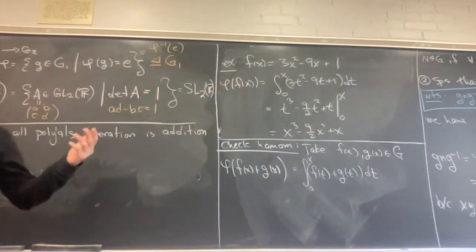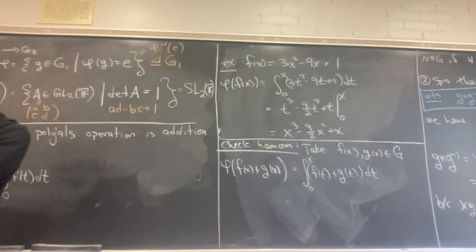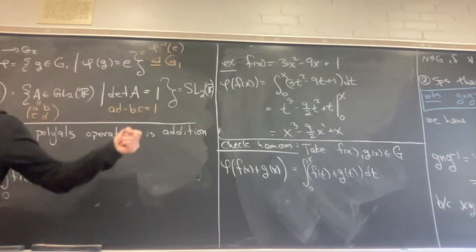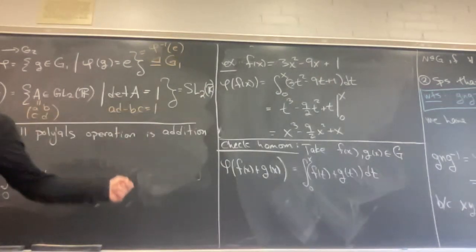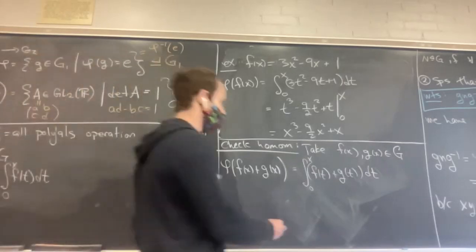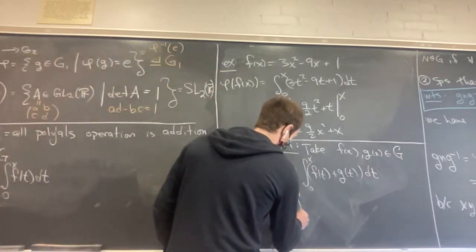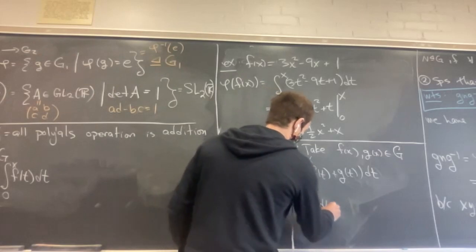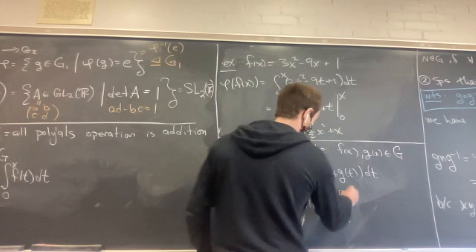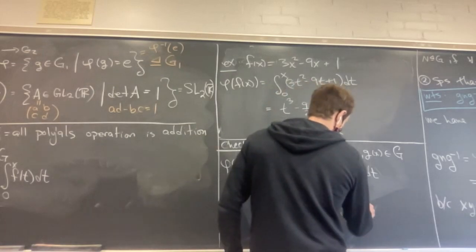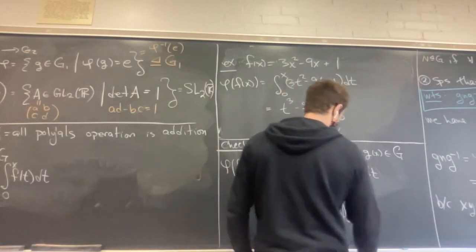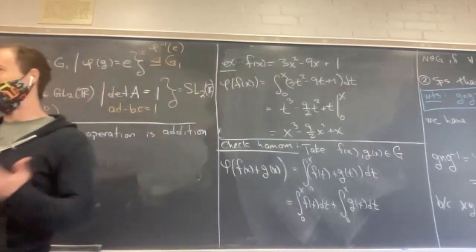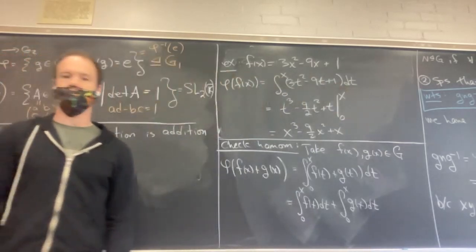But then we know from calculus that the integral is an additive thing, right? So we can rip the integral apart. This is going to be equal to the integral from 0 to x of f of t dt plus the integral from 0 to x of g of t dt. There's the additive rule for integration.